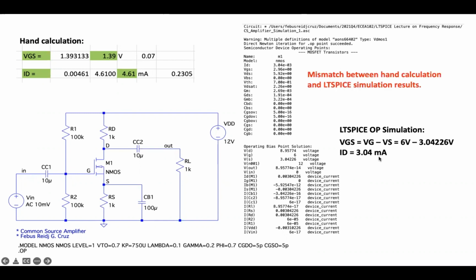So if we compare that with our hand calculation, we can notice a mismatch between the hand calculation results and the LTSpice simulation results. All right, so further review of the simulation gave us the root cause of this mismatch.